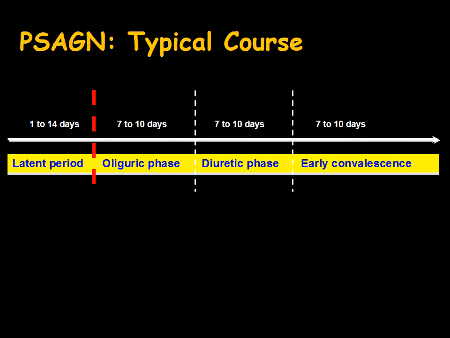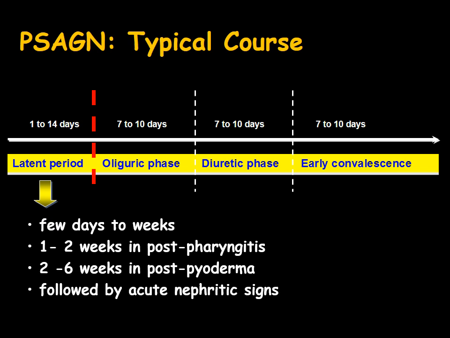The latency period varies from a few days to several weeks depending on the antecedent infection: 1 to 2 weeks for pharyngitis and 2 to 6 weeks for pyodermata. This is then followed by the acute nephritic signs and symptoms.